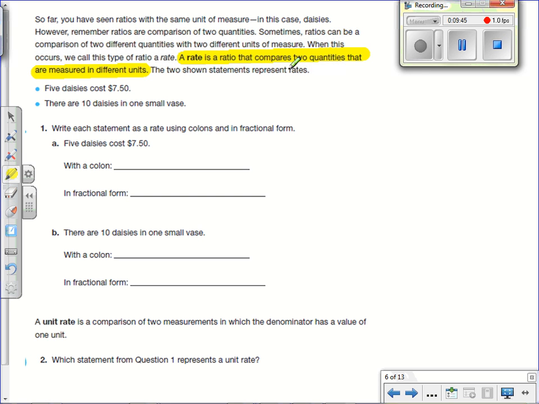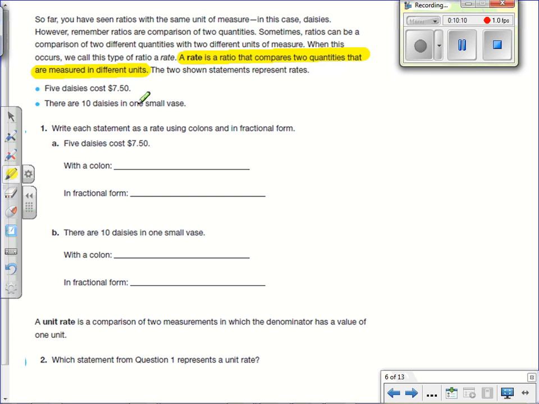Our 2 different units are daisies, and then we have dollars or money. So that's how this example is a rate. The second example, we have 10 daisies in 1 small vase. So we're comparing 10 to 1. Those are our two quantities. And then we have daisies to vases. Those are our different units of measure.